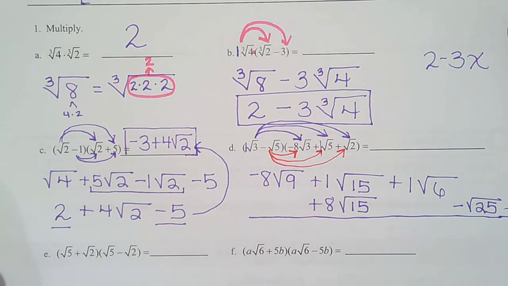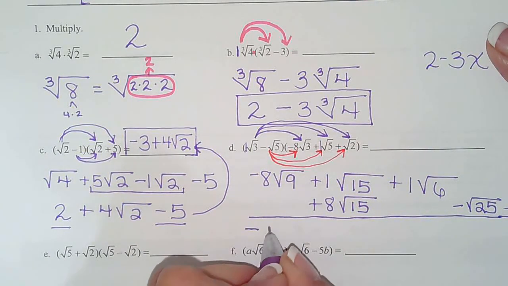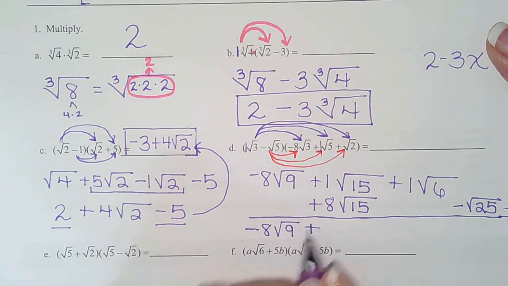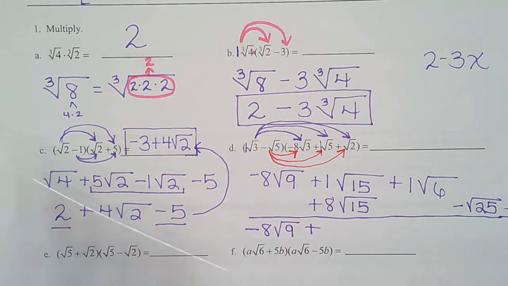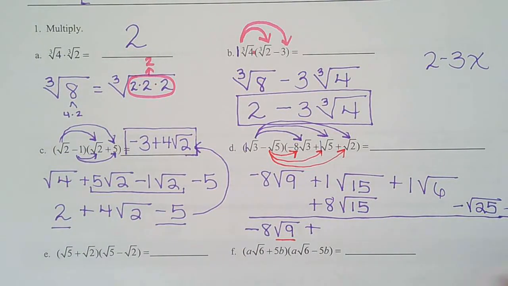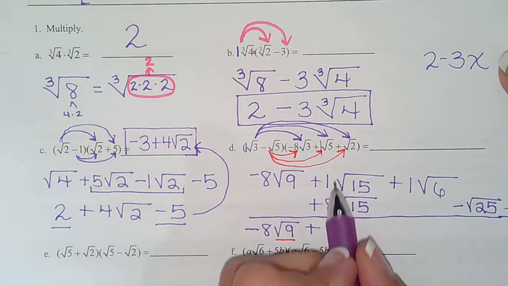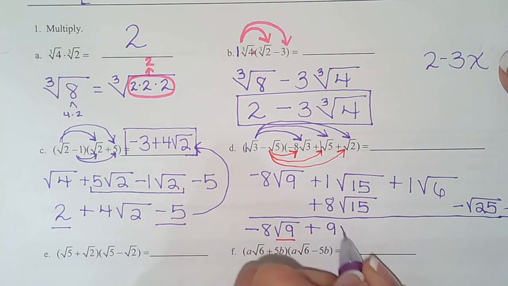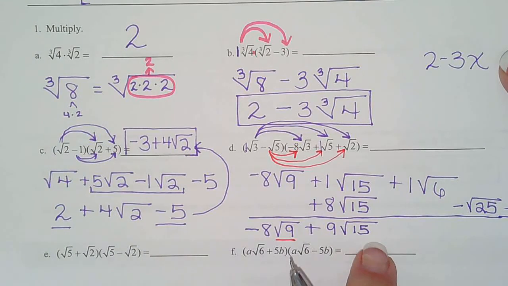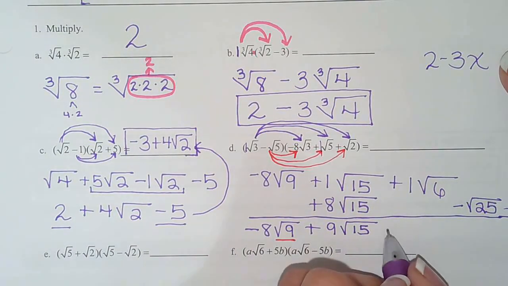So now we have our like terms all lined up. So we have negative 8 radical 9. Nothing to add it to. It can be simplified though, right? So anytime we see something that can be simplified, let's underline it to remind ourselves to come back to it. Plus 9 radical 15. Does 15 have any pairs? 3 and 5. Nope, so that can't be simplified.